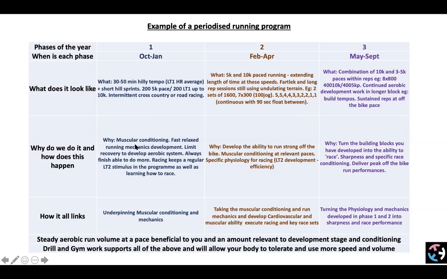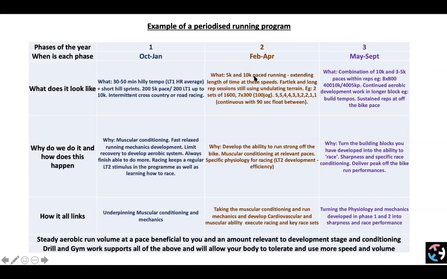We often say that, especially in this period, you should never finish a run session absolutely beat or force the pace of a run session, because that helps you increase your run mechanics, and it also allows you to recover for future sessions in the week. So the main bit for that is the muscular conditioning and the mechanical development. Then from February to April, there might be a bit more LT2 conditioning, but still with a little bit of LT1 focus.